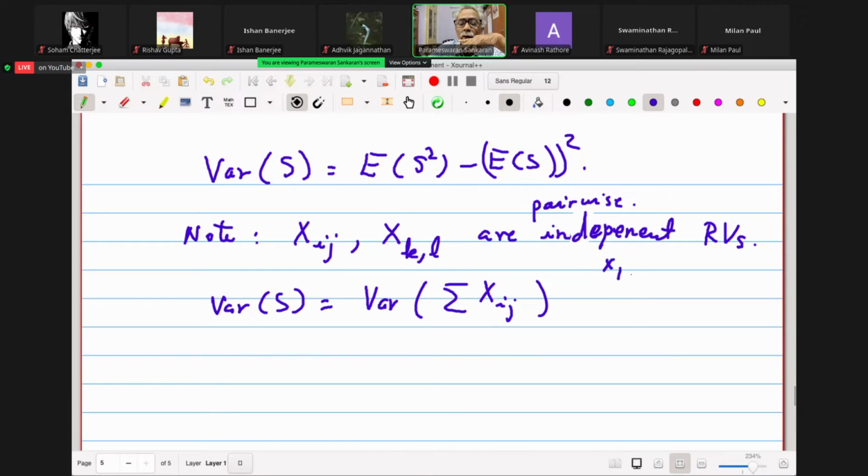For example, if x12 and x21, x23 both assume the value 1, then x13 also assumes 1. So that already implies that they are not together. I mean, as a family, they are not independent. So one has to do this with a little bit more care.